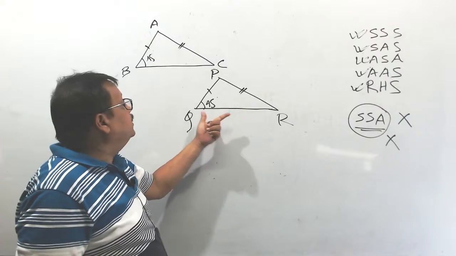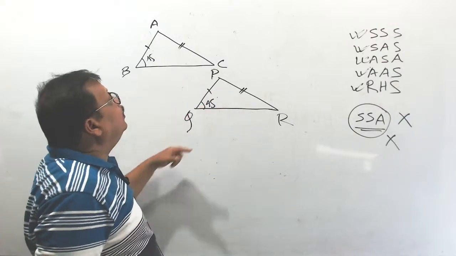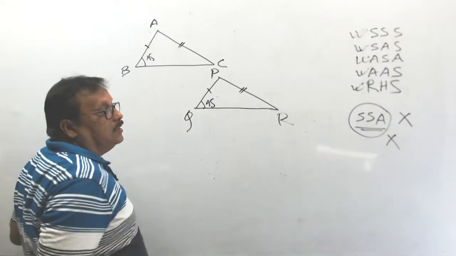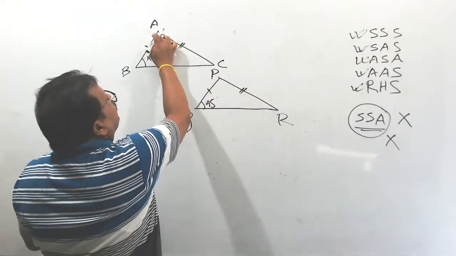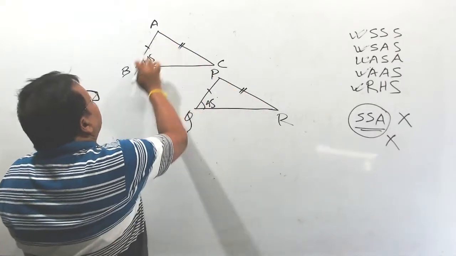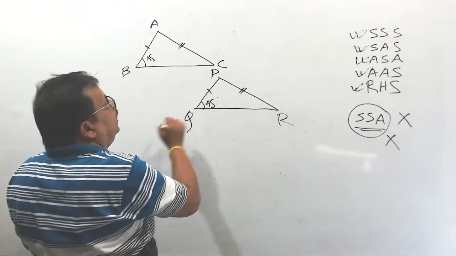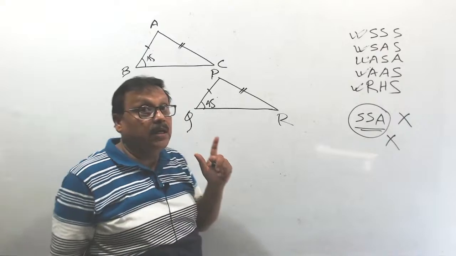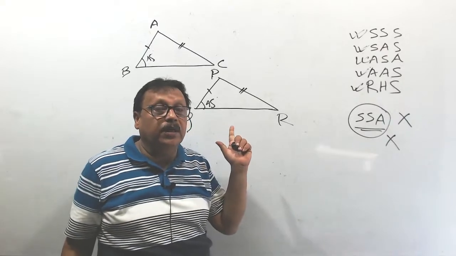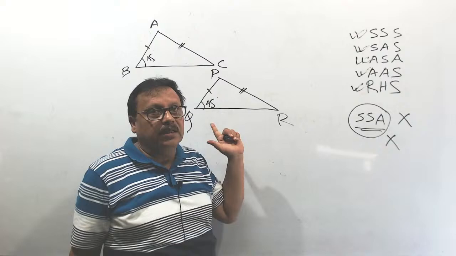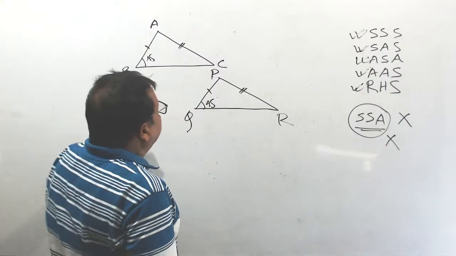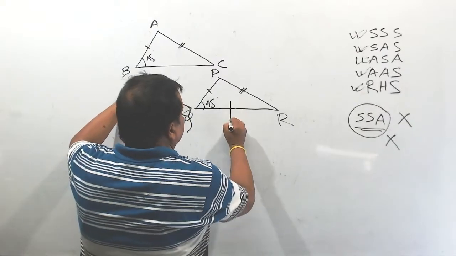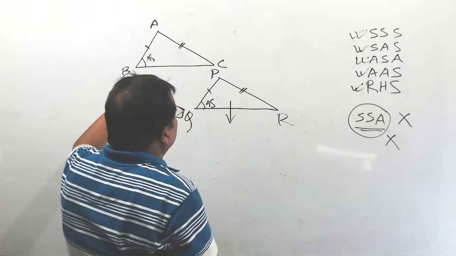We do not know the size of QR and BC. Only PR equal to AC, PQ equal to AB, and angle PQR equal to ABC are given. That is SSA. Now, can you draw the triangle by this also?